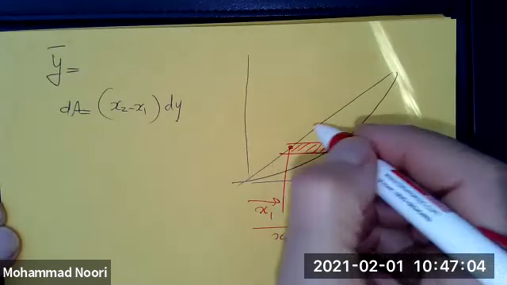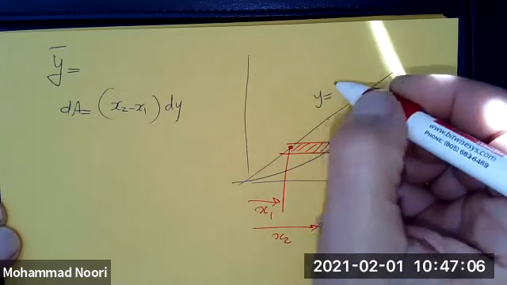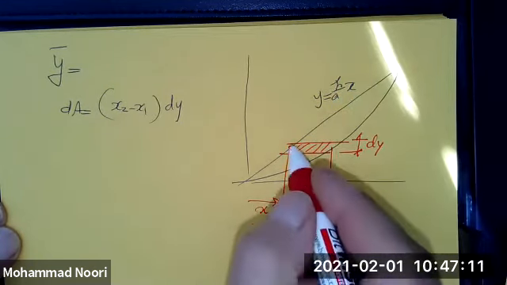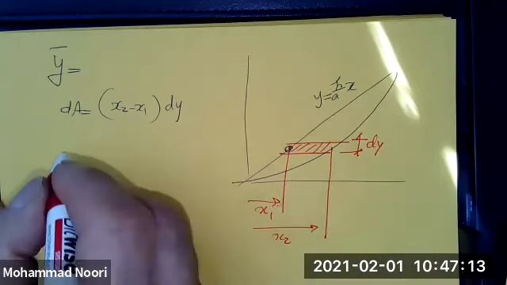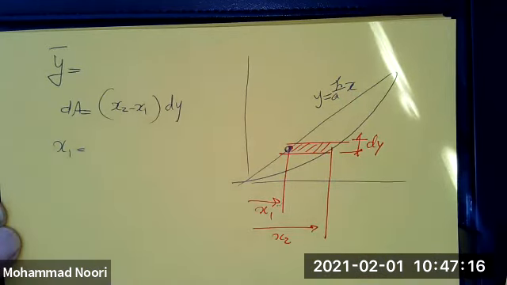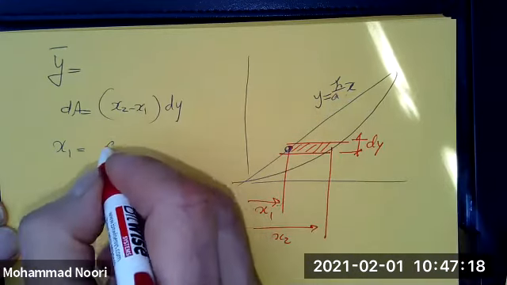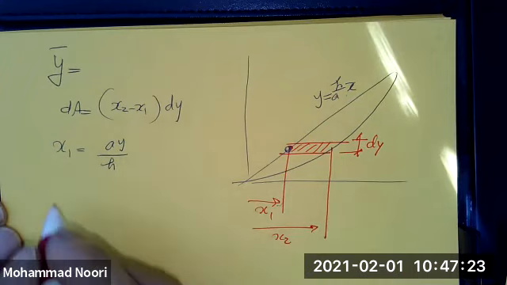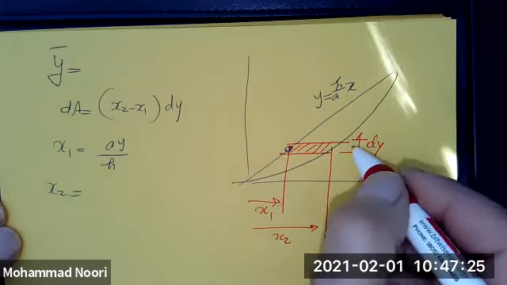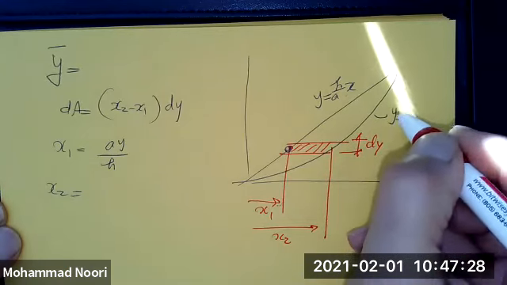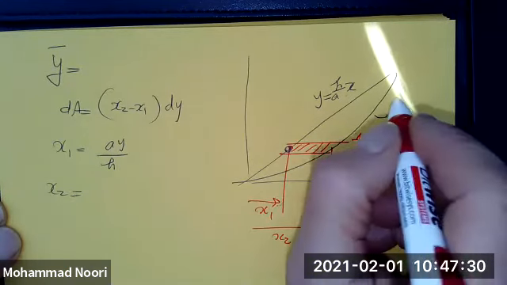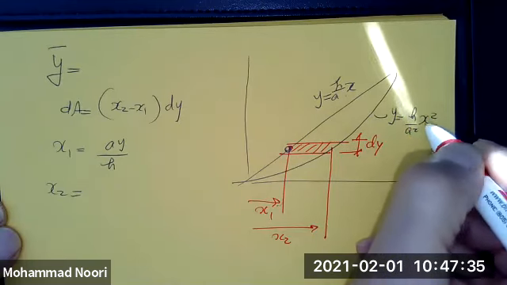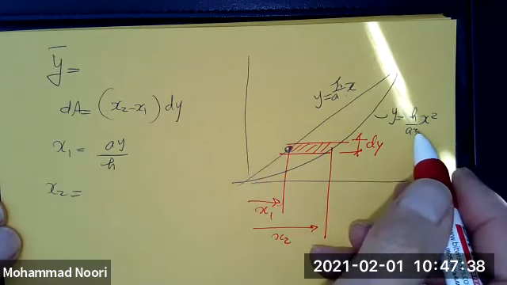But what is x1? The equation for this was y equals h over a times x. So what is x then for this? x1 would be, from this function, a y over h. How about x2? For x2, this function was y equals h over a squared times x squared. So what is x from here?